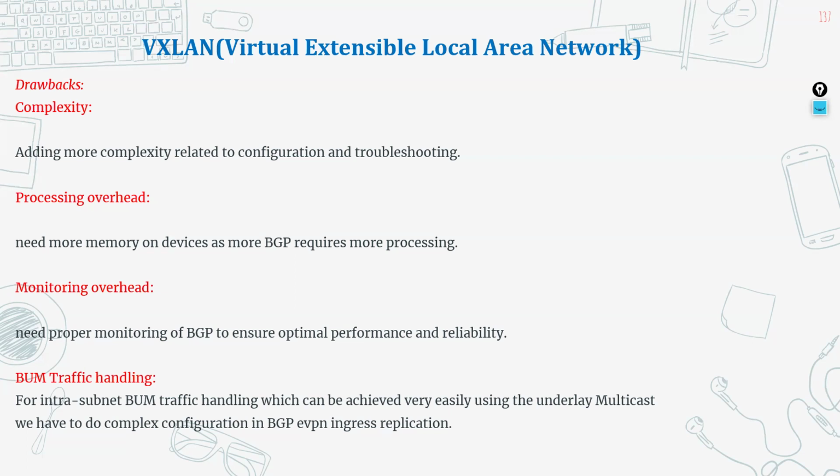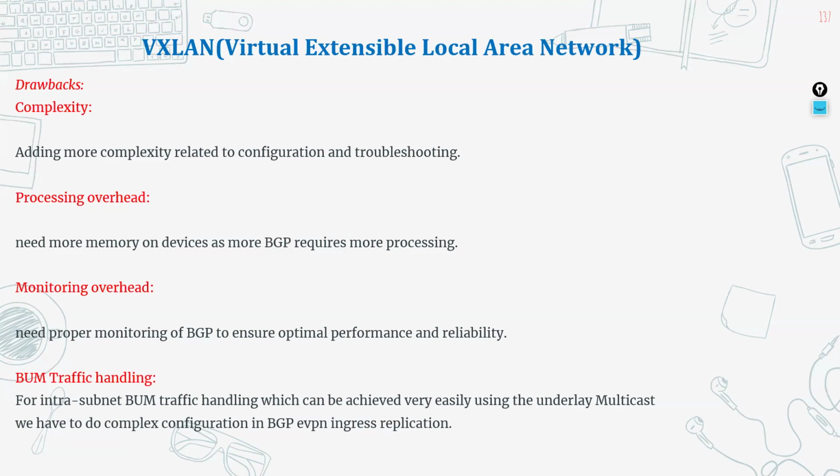Then we have the processing overhead, because now we are using BGP, and our devices need more memory, since BGP requires more processing. There is also monitoring overhead, because we need to set up proper monitoring for our BGP, just to ensure optimal performance and reliability.